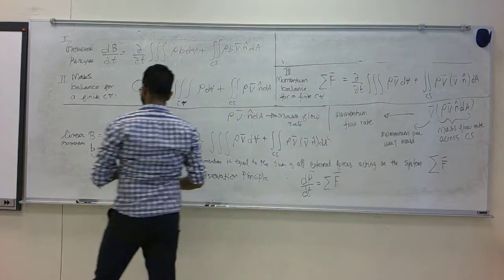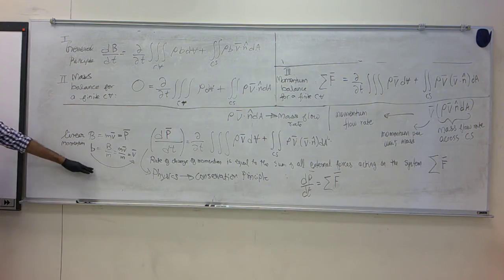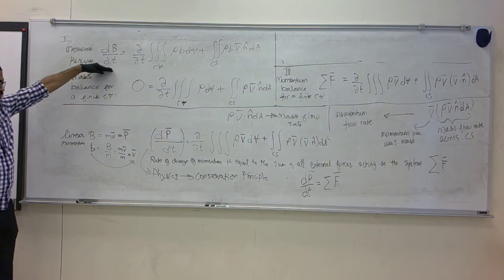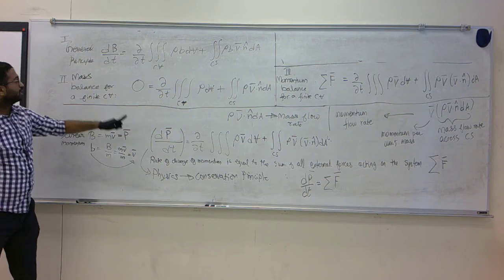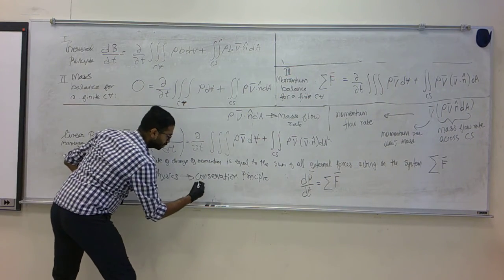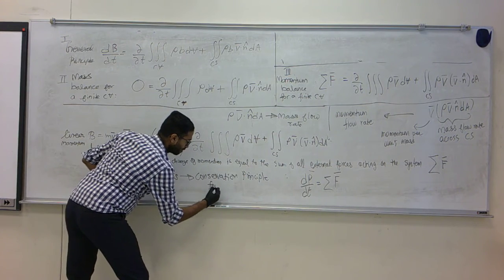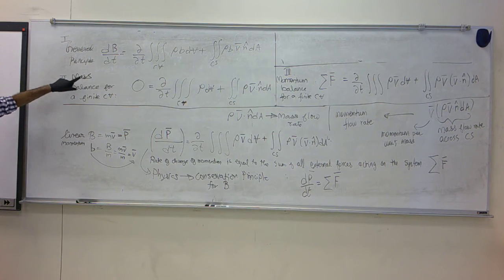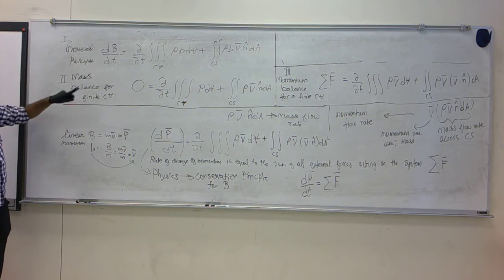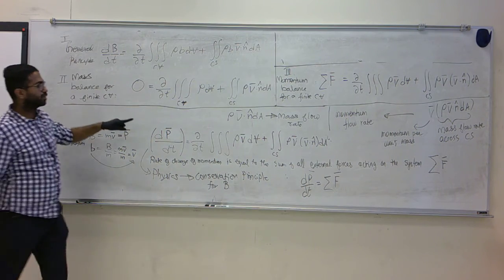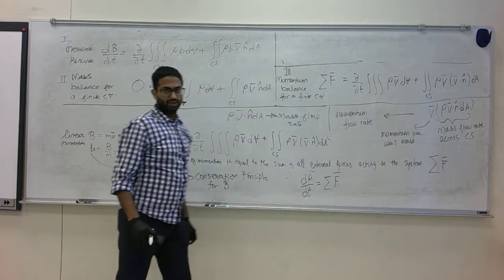You go from the general idea, you tie it to the physics or conservation principle for the quantity B. B could be mass, or B could be momentum, and depending on that you get either mass conservation or momentum conservation.